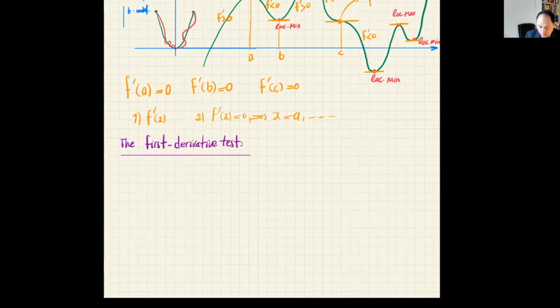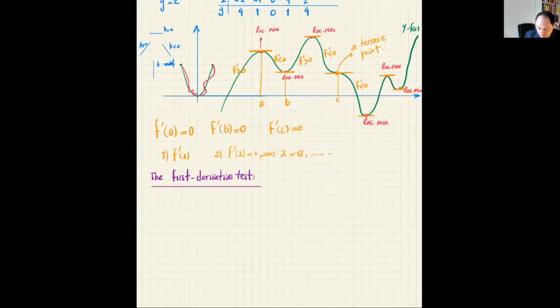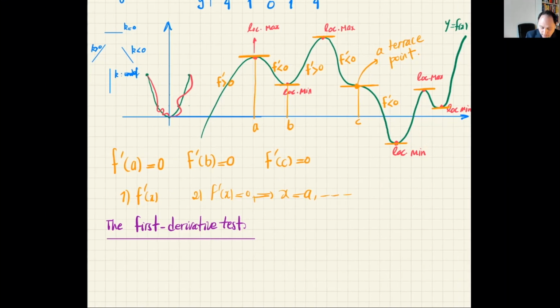By the way, let me mention here, there are harder functions like this. You see, in the functions that I have drawn here for you, I am considering two essential things. One of them is that my function is continuous. So it means that I can draw the whole graph with one pen stroke without raising my pen. If the function is not continuous, that is higher than the level of this course.